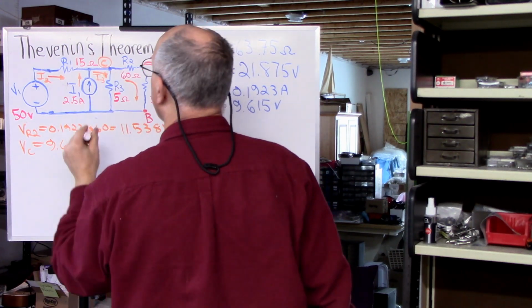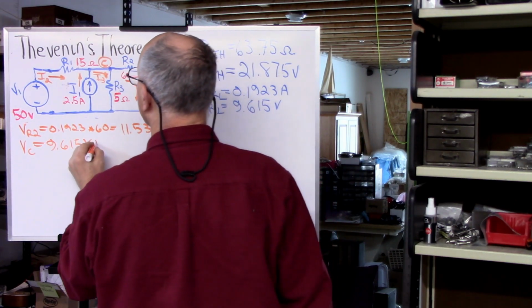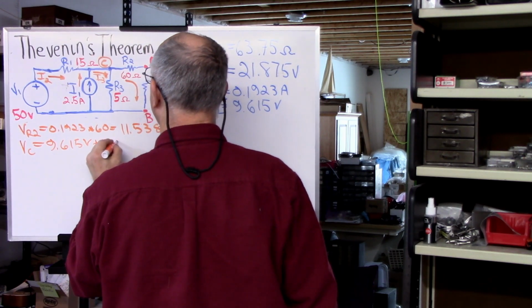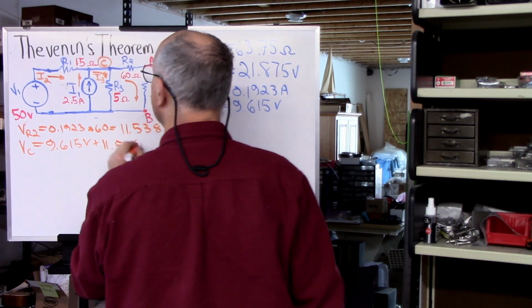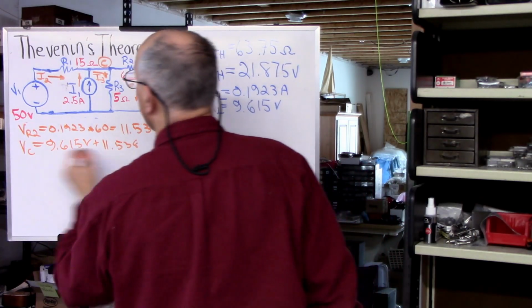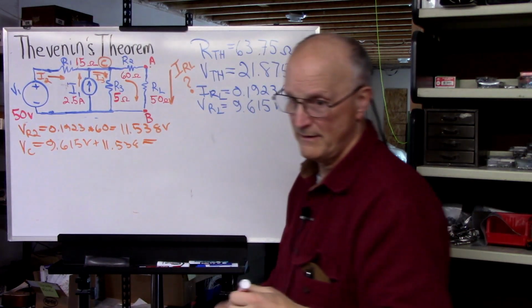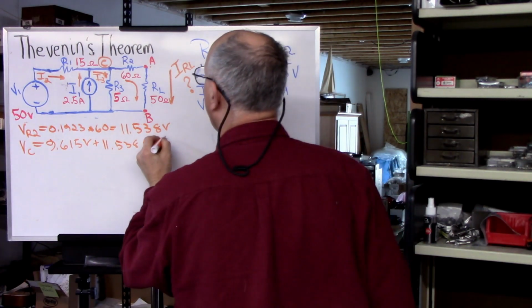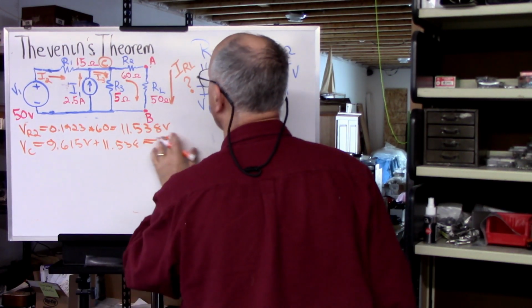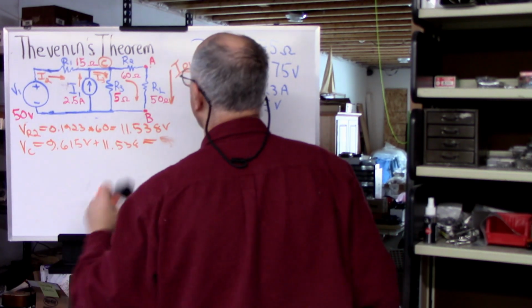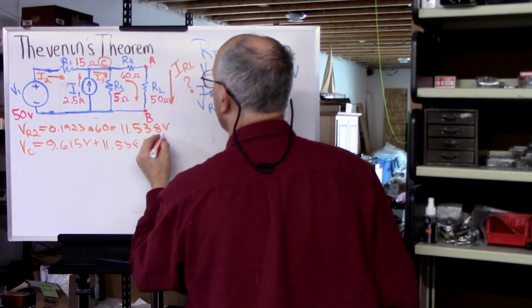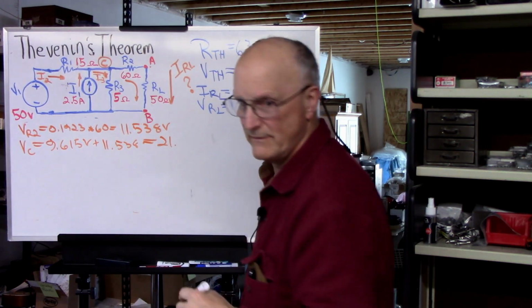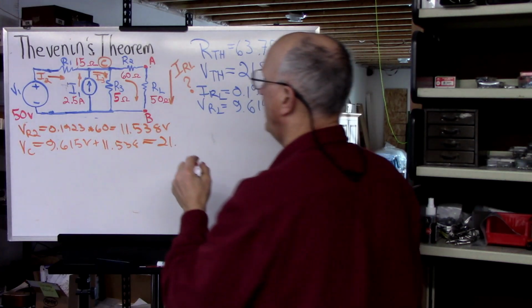So the voltage across R2 is going to go up by this, so we're going to add 11.538. And that gives us 21.153 volts.